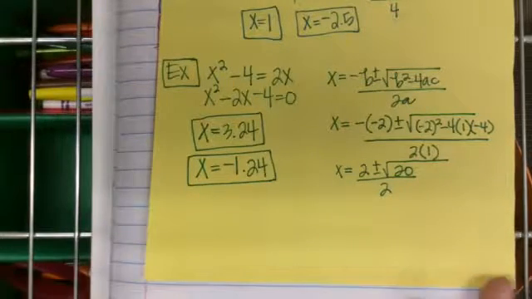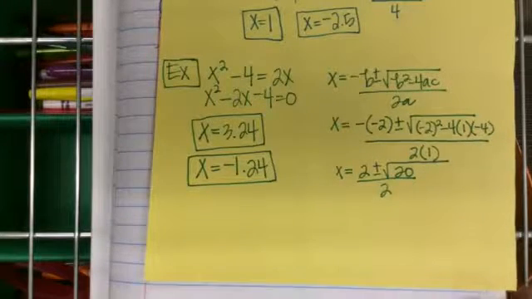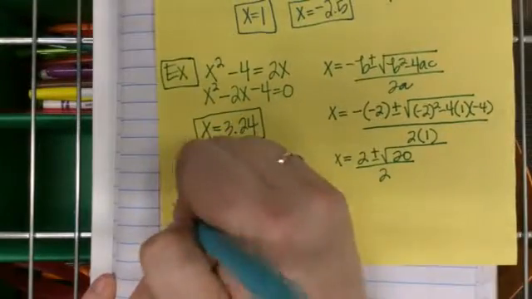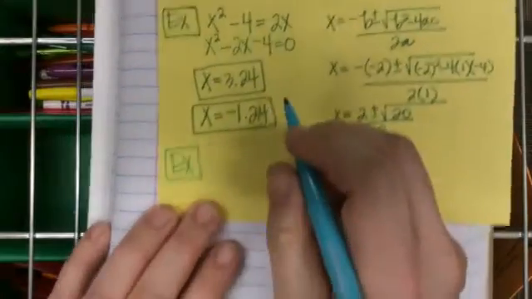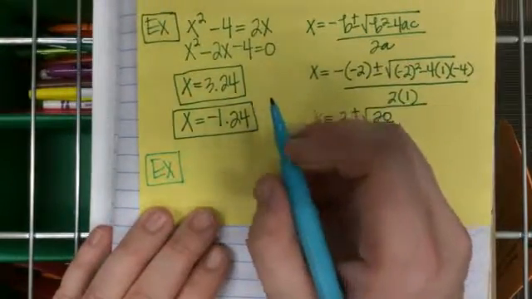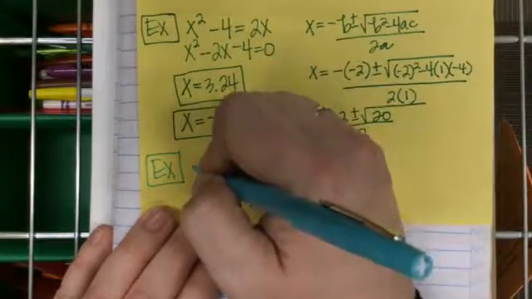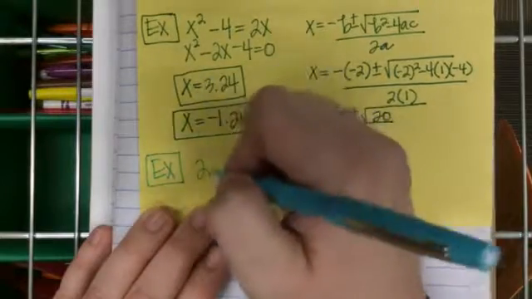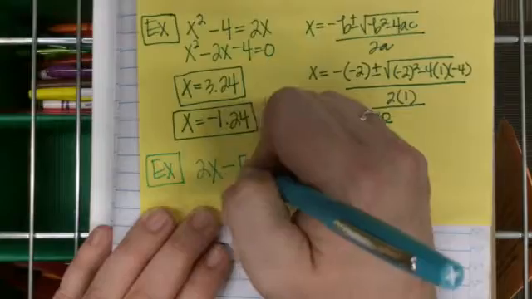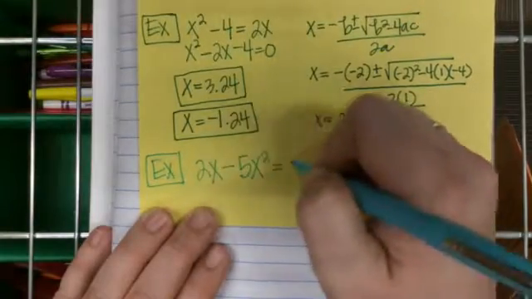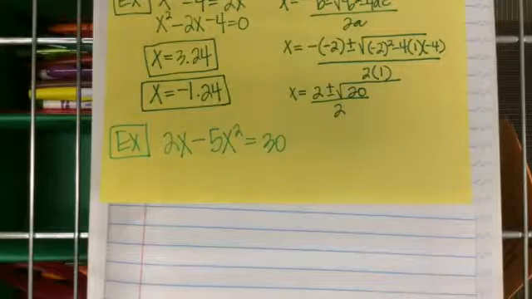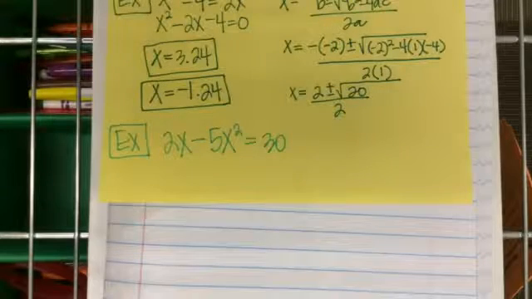All right, let's try this last one. 2x minus 5x squared equals 30.